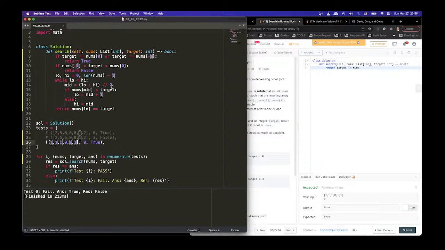And in that case, this is smaller, right? Now we should move the low.